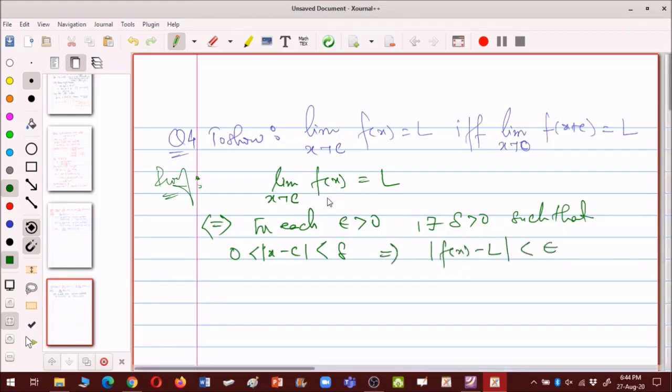So this is what the definition of limit says. Now we want to express it in terms of f(x plus c). So how will we do that?